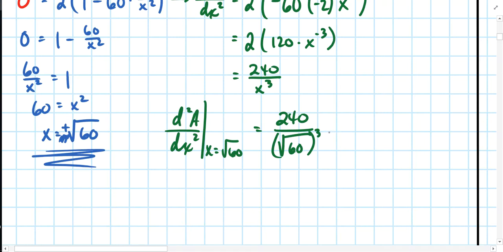And off camera, I performed that on my calculator, and that's about 0.5164. And the numerical value isn't all that important. What I'm worried about is whether it's positive or negative. And in all honesty, if I've got a positive number that's cubed, that result will be positive. And I've got the number 240, which is also positive. So without doing any math whatsoever, I would recognize that this derivative is greater than 0.